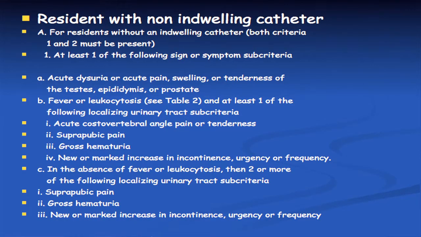This is the new McGeer criteria, so I think you guys have heard it multiple times. And basically, it's now, without a catheter or with a catheter, there has to be both criteria 1 and 2 present. 1 is basically the signs or symptoms: the acute dysuria, the fever, leukocytosis, and at least 1 of the following localized urinary tract symptoms.